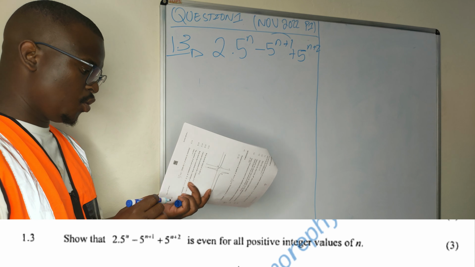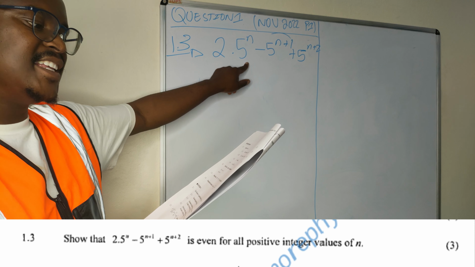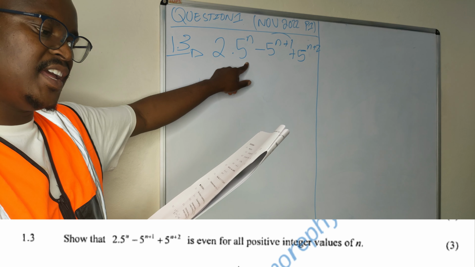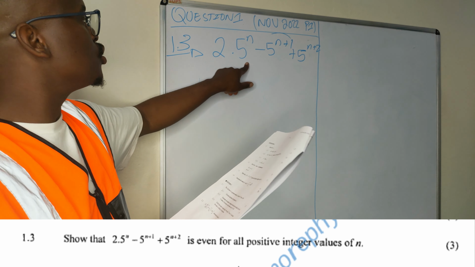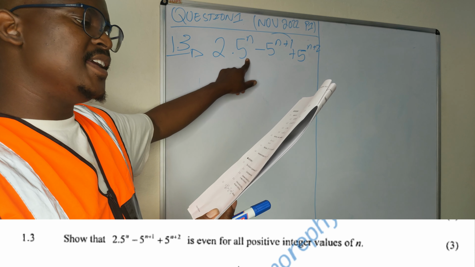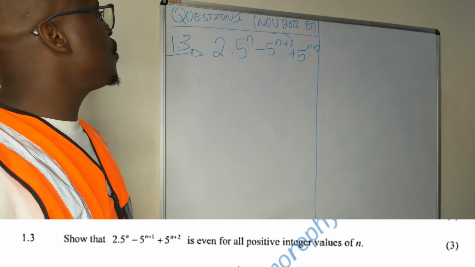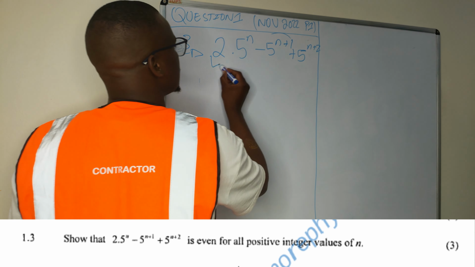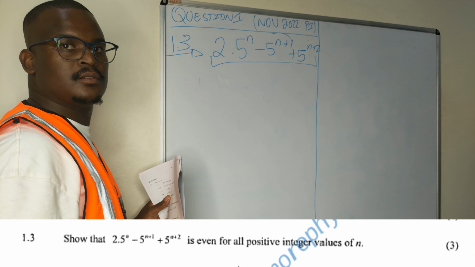They are saying show that this thing is even for all positive integer values of n. They want us to show that this thing here is even for all positive integers of n.